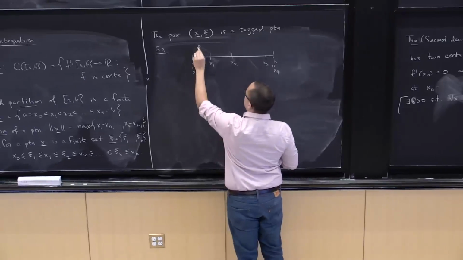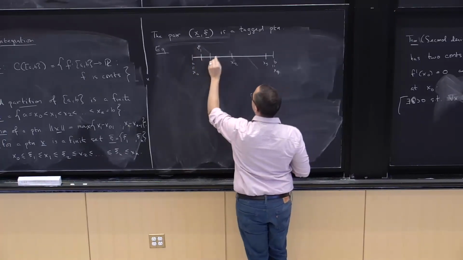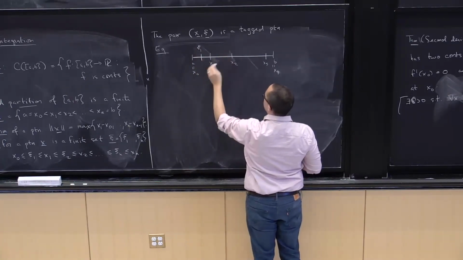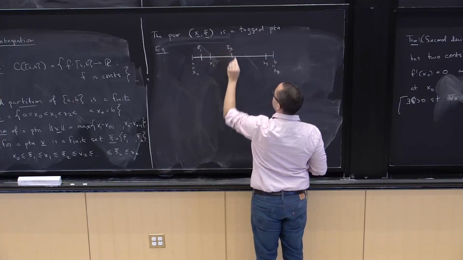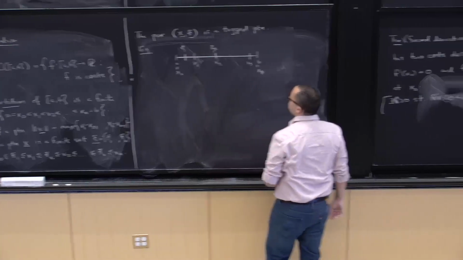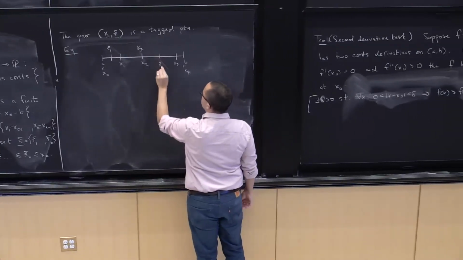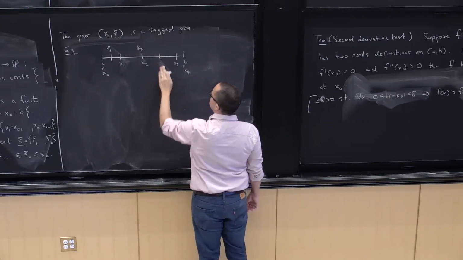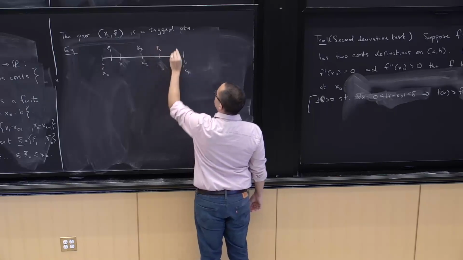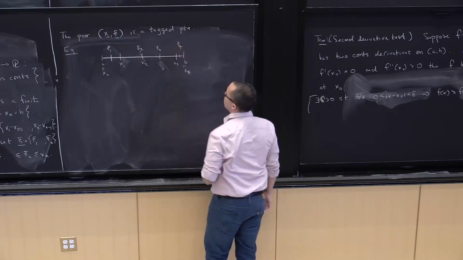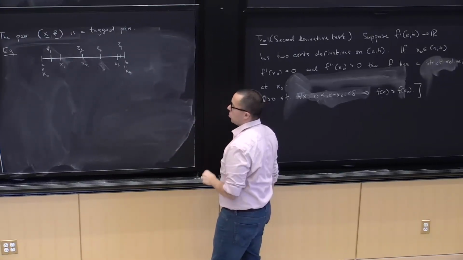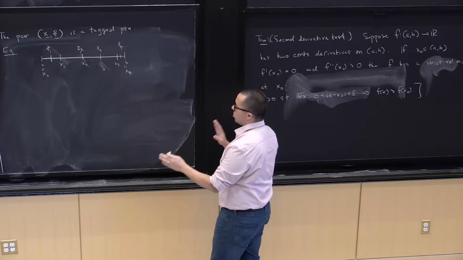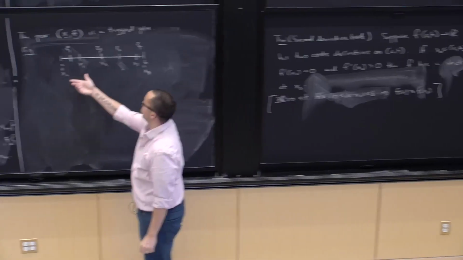So xc1 has to land there. xc2 could land in the next one. It could actually be the endpoint if we like. xc3, let's say it's the midpoint. And let's say xc4 is there as well. So the tagged points are just lying in these smaller intervals.